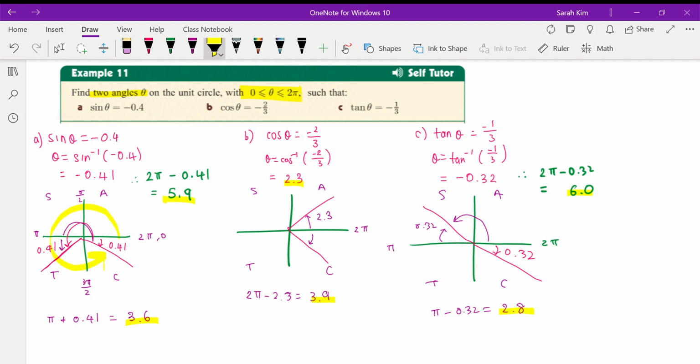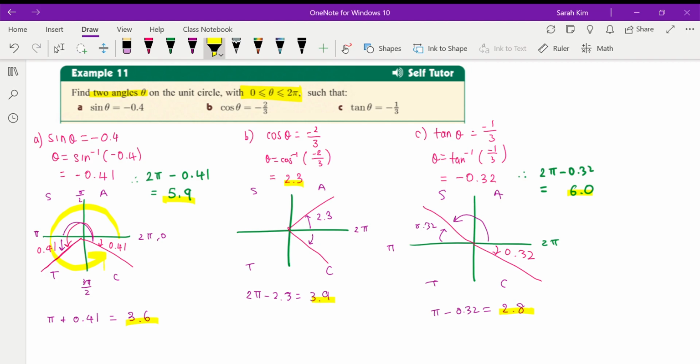Let me just double check that they are all correct, or approximately. Just notice that compared to the previous answer, where we wrote degrees, I purposely didn't write degrees here, because in radians we actually don't write units, because it's a ratio. It doesn't have a unit.